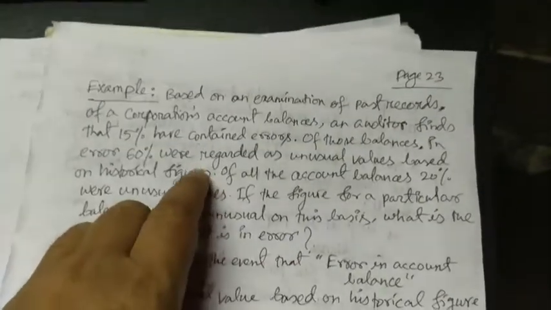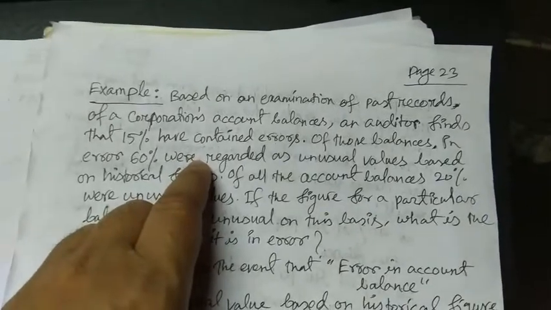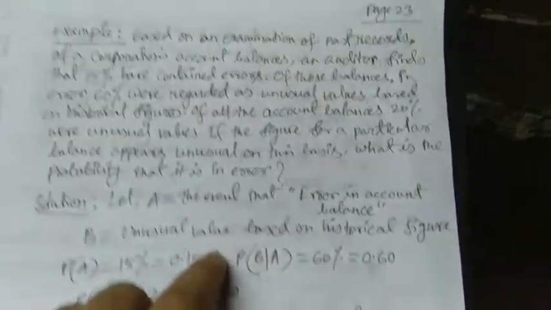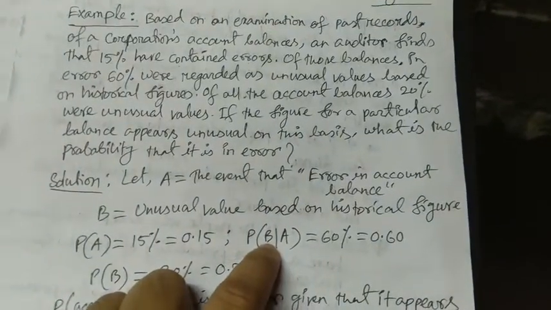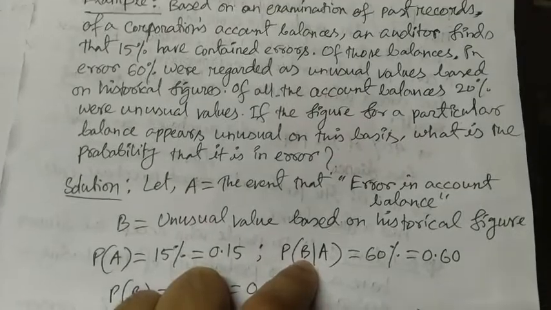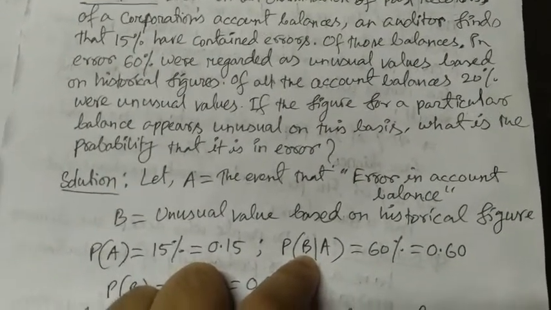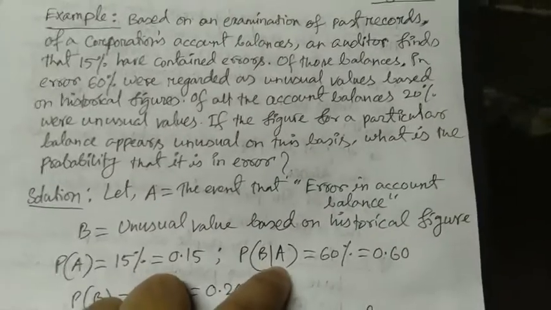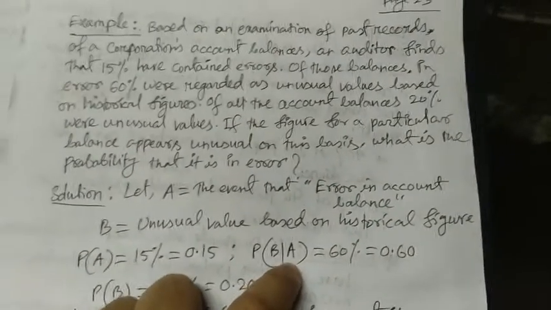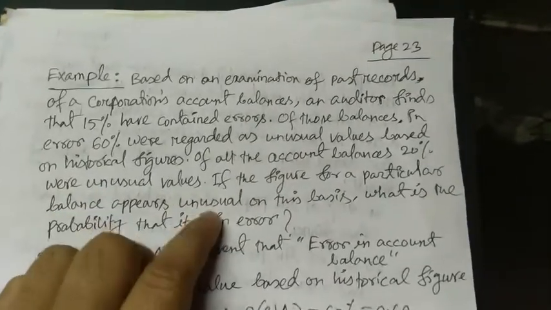So 60% of accounts are found with unusual values out of the accounts with errors. That means the probability of B given A is 60%. Right.